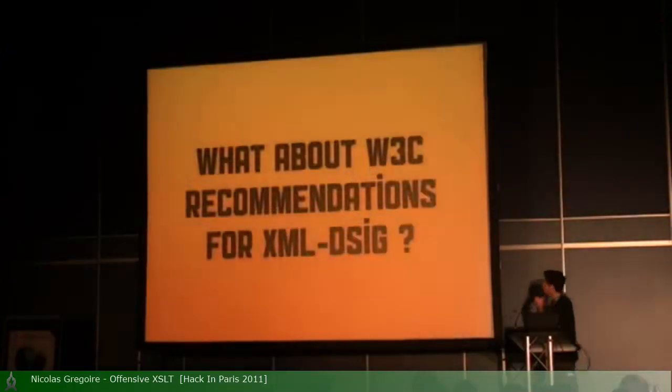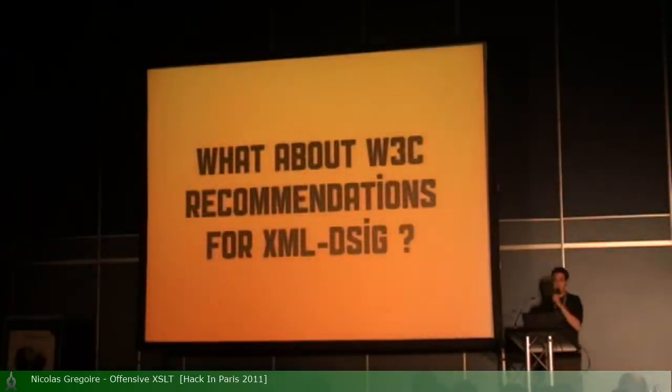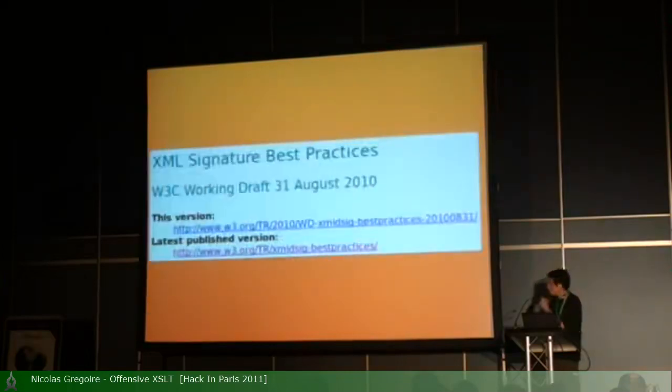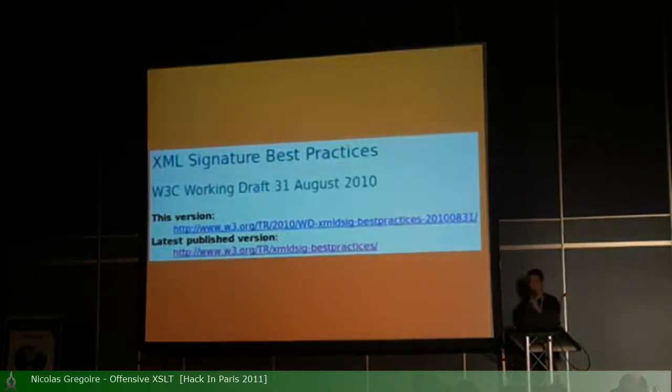So the W3C edits the XML-DSIG norm, and they published last summer a document about how to use XML-DSIG in a secure way, and we will see that they have some very interesting advice.